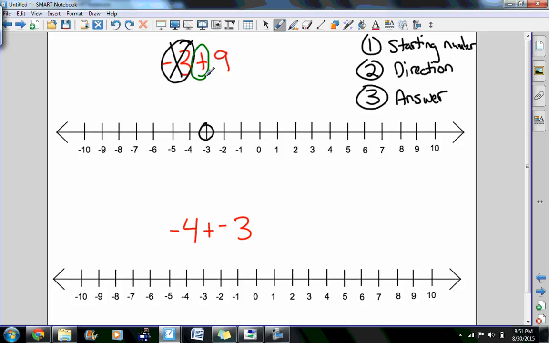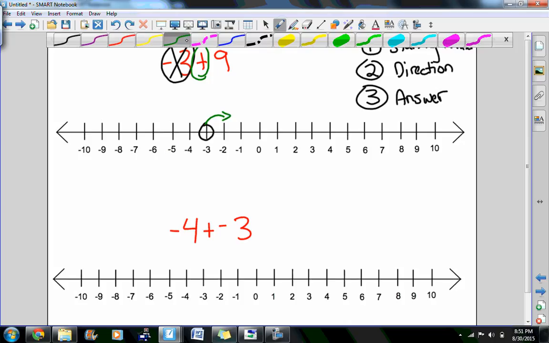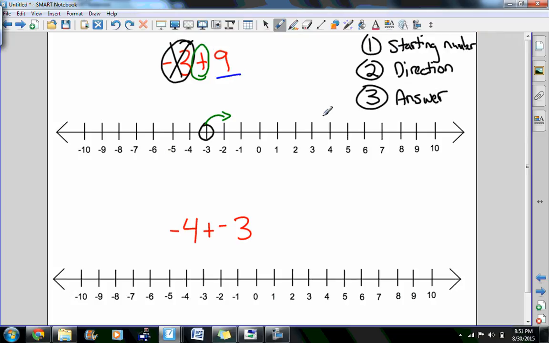Well, that's this middle part right here, and it's just a plus sign, or an addition sign, so that means I'm going to be moving to the right. And I'm going to move to the right a distance of 9. So I go 1, 2, 3, 4, 5, 6, 7, 8, 9. So my answer is a positive 6.